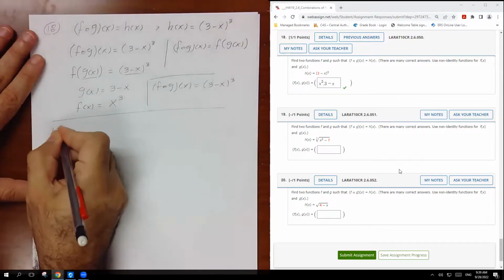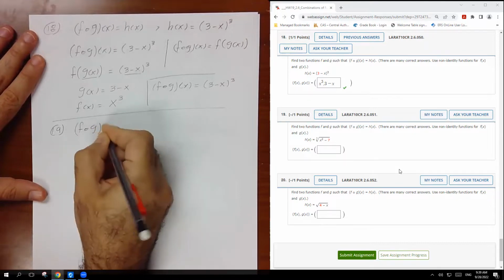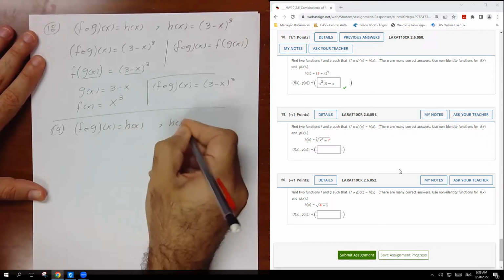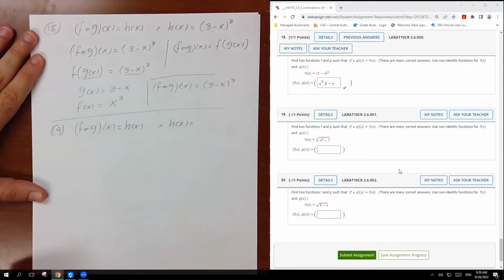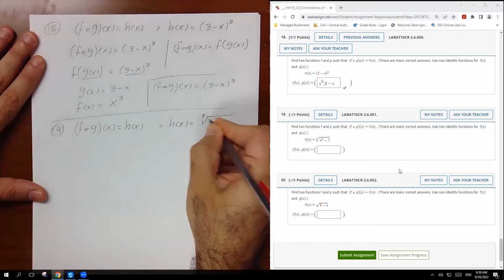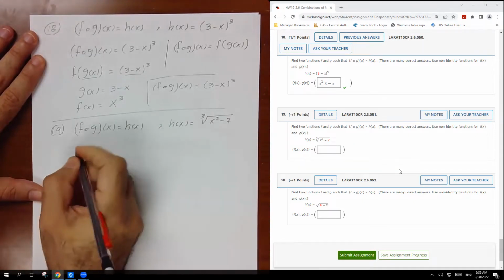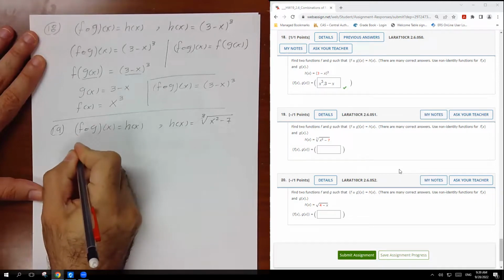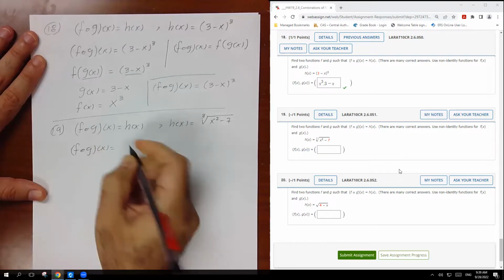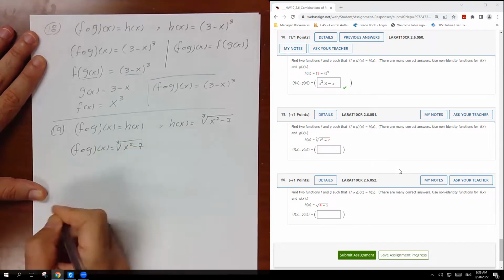So for 19, we have f composite with g of x equals h of x, and h of x equals the cubic root of x squared minus 7. That means f composite with g of x equals the cubic root of x squared minus 7.